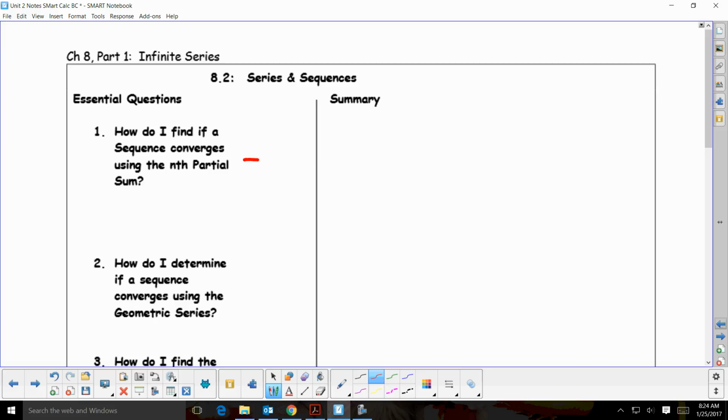So right here, fill that guy in. Just write some layman terms here, so that you know what you're doing.